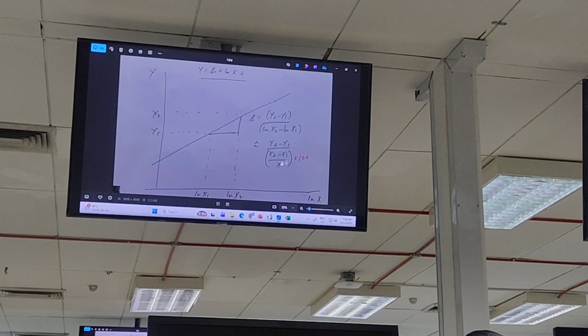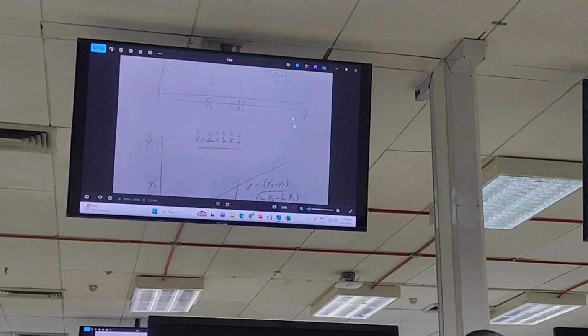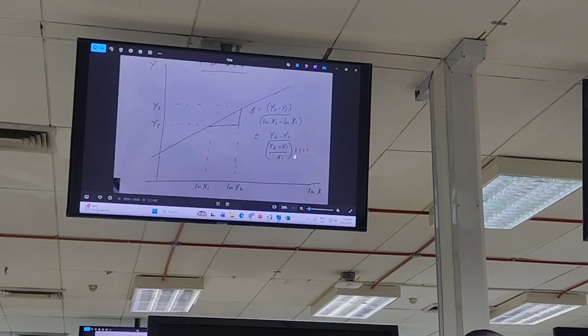So if you want to say that when x increases by 1%, then the estimated coefficient must be divided by 100. The whole beta 1 must be divided by 100. So for log linear you multiply, but for linear log model you have to divide by 100.